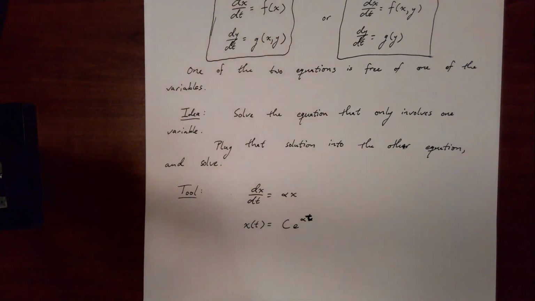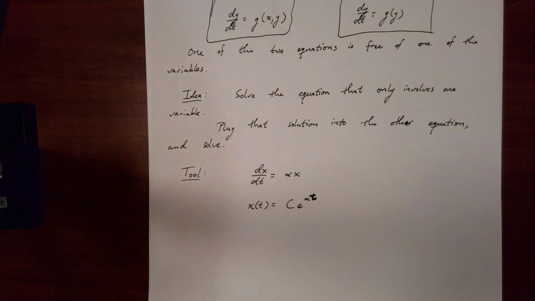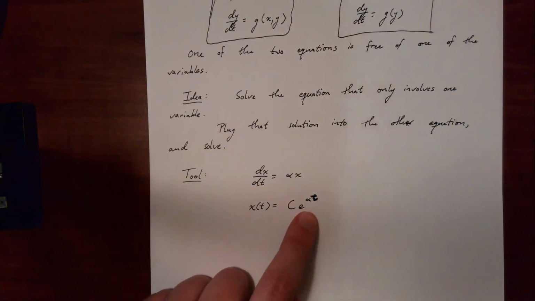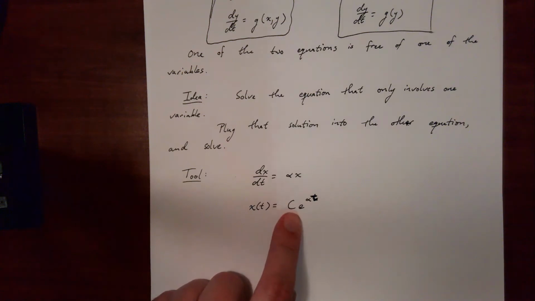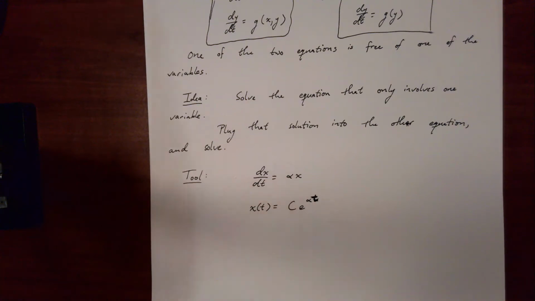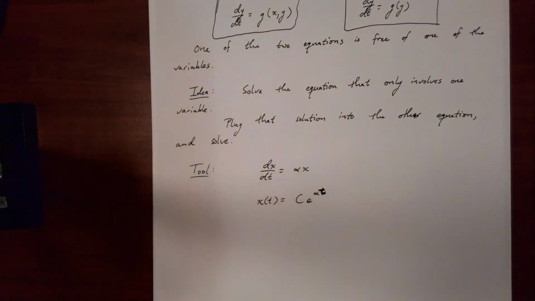You can do this by doing separation of variables, and that's all well and good, but you can also see this directly by just validating that if you were to take the derivative of this, the alpha would come down in front, and that would be basically reproducing this formula, but with an extra alpha in front, exactly as the differential equation foretold.